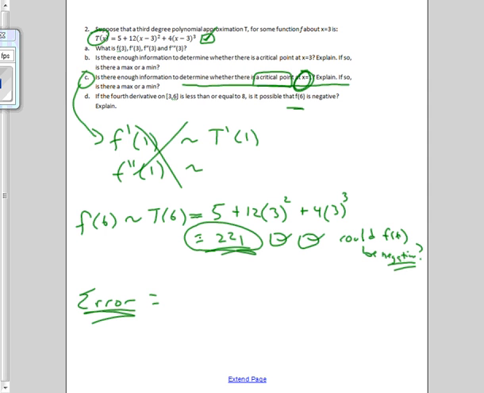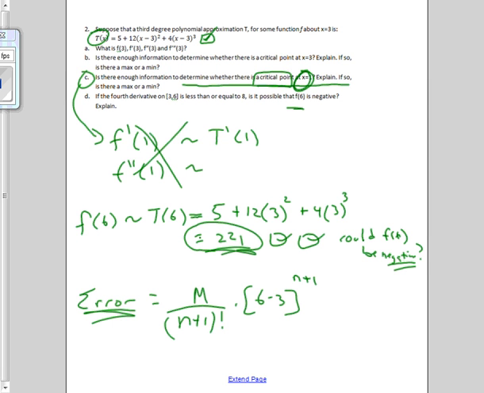The error will equal M over (n plus 1) factorial times (6 minus 3) to the n plus 1.